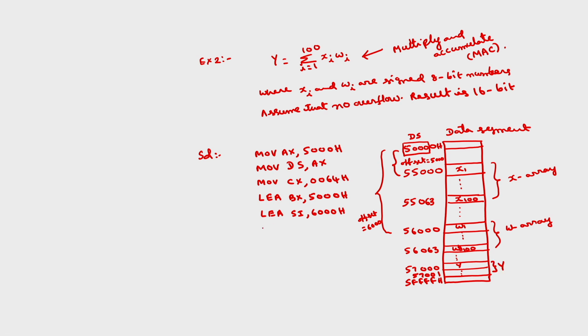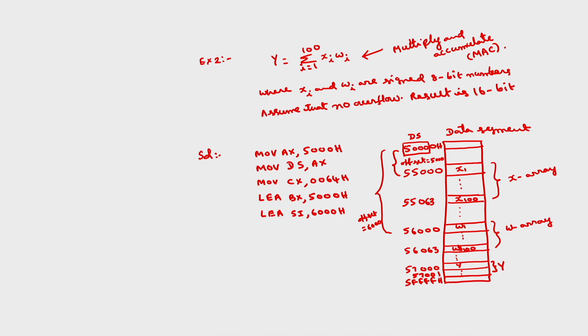Okay. So, I am starting with this, you have to multiply and then accumulate. So, for the accumulation, initially I will clear that accumulator, and whatever this multiplied value I am going to add to that accumulated value.